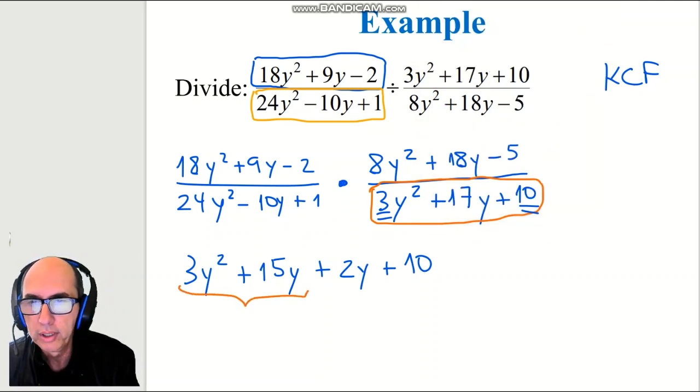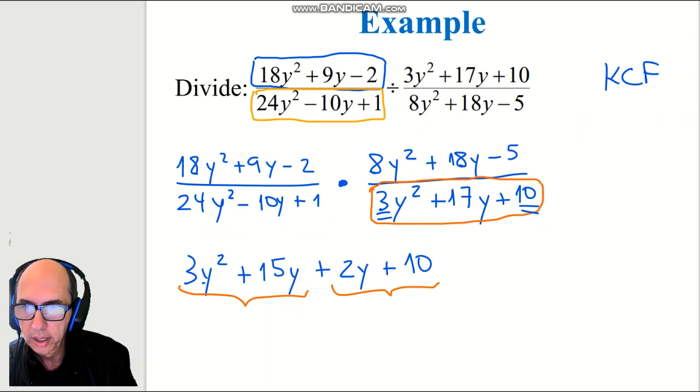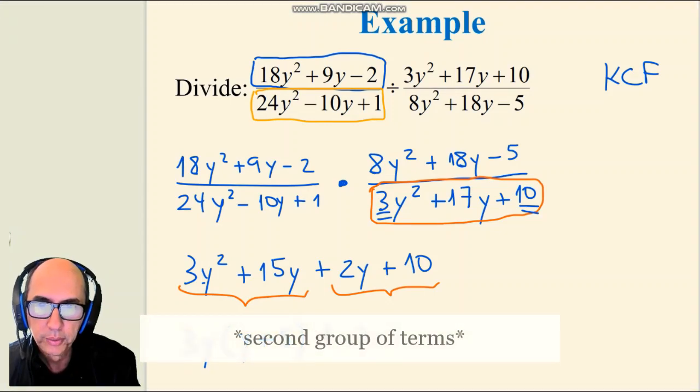When we have 4 terms, we split 17y as 15y plus 2y. Now you have 4 terms. Factor out on the first couple of terms 3y times (y plus 5). Factor out on the second term the 2, (y plus 5).